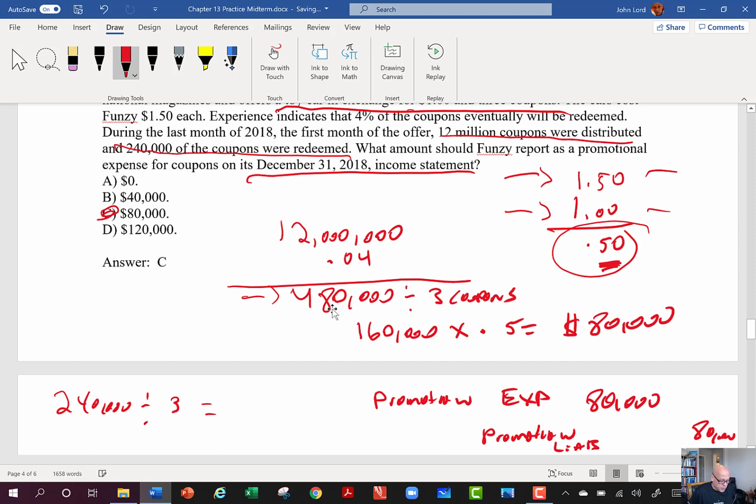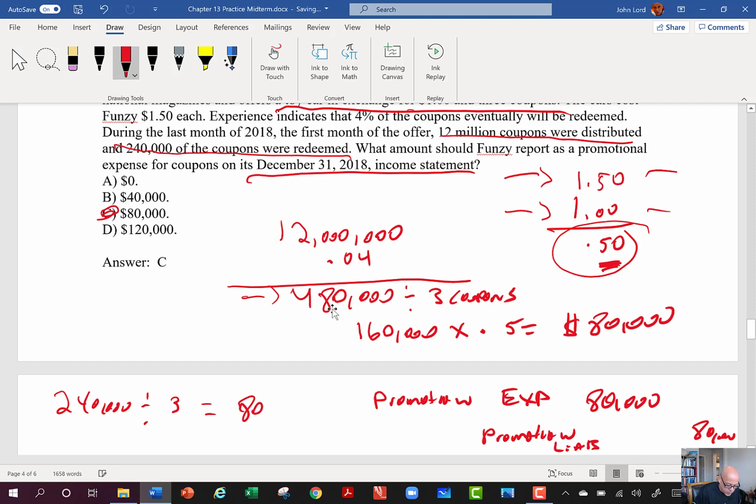So 240,000 divided by 3 is, of course, 80,000.